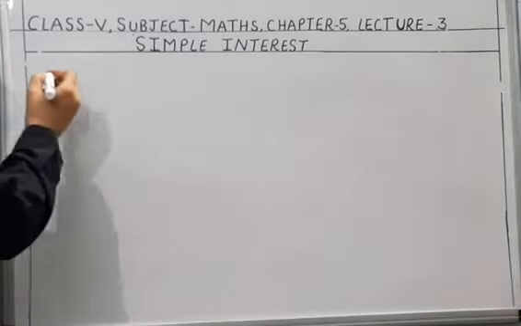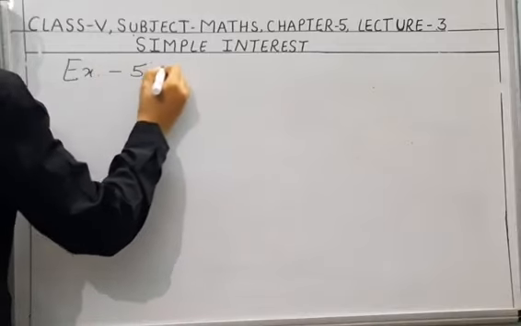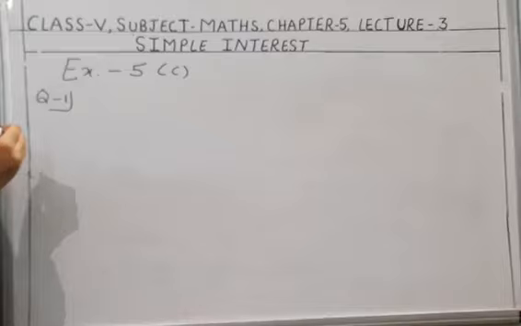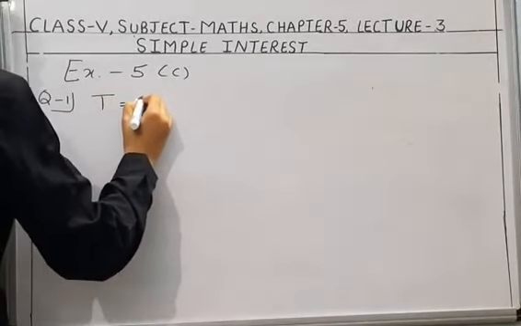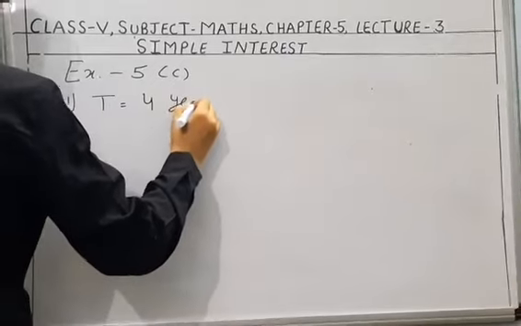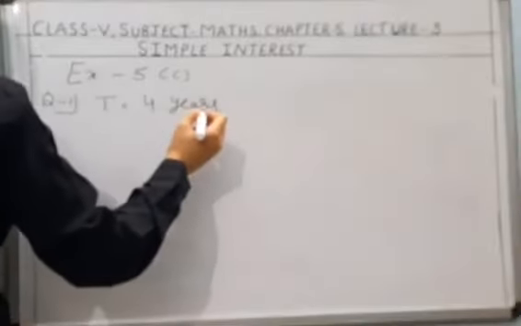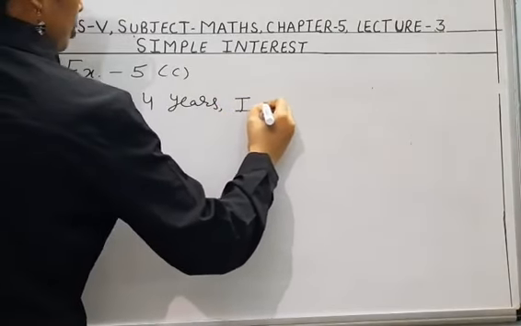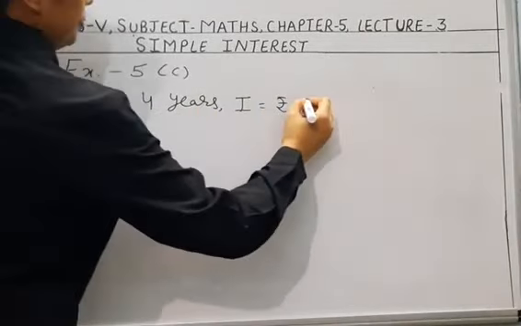Let's start with our exercise 5C and question number 1. Time is given 4 years. Interest is given, interest is equal to rupees 400.